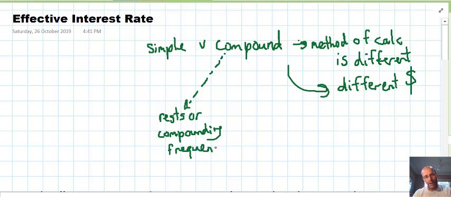So again, we need a way of comparing apples and oranges to something that's middle ground, or common ground perhaps. In this video, we'll learn about effective interest rates, and that will be given the symbol lowercase i dash, as the effective interest rate symbol.